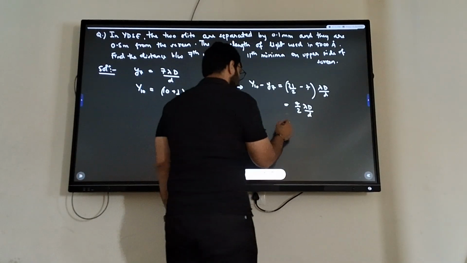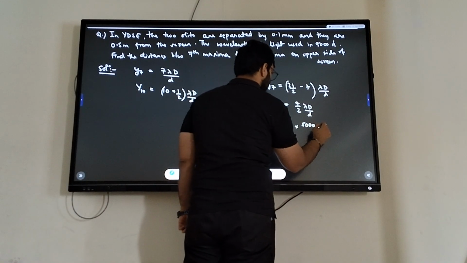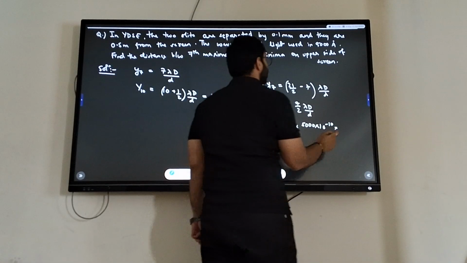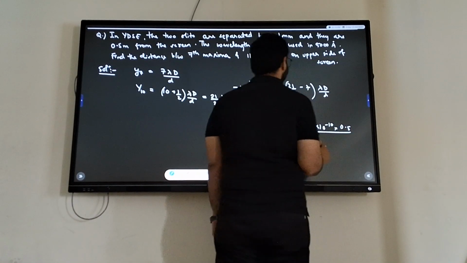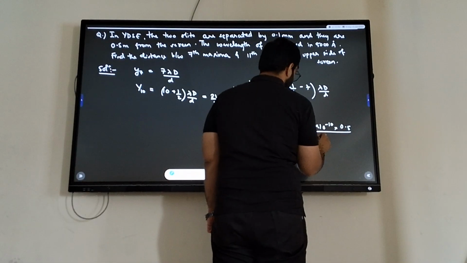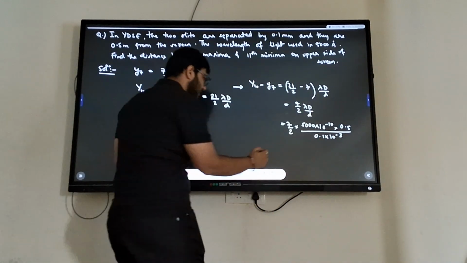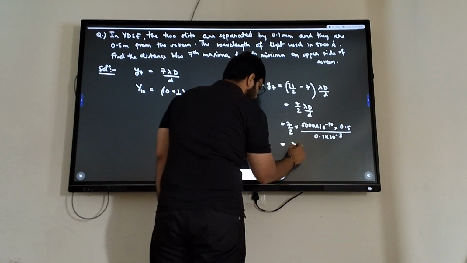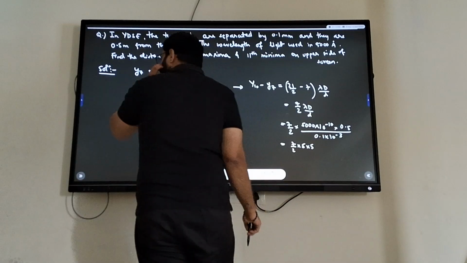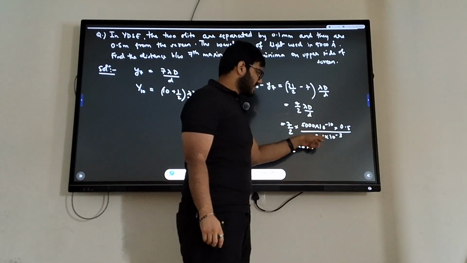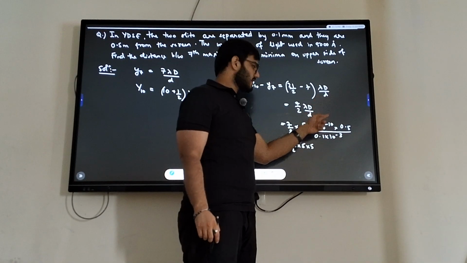So 7 by 2, lambda 5000 angstrom. D, capital D कितना है? 0.5. What is small d? 0.5 into 10 power minus 3. अब this can be written as 7 by 2 into 5 into 5. Yes or no? This power minus 4 goes up and becomes plus 4.